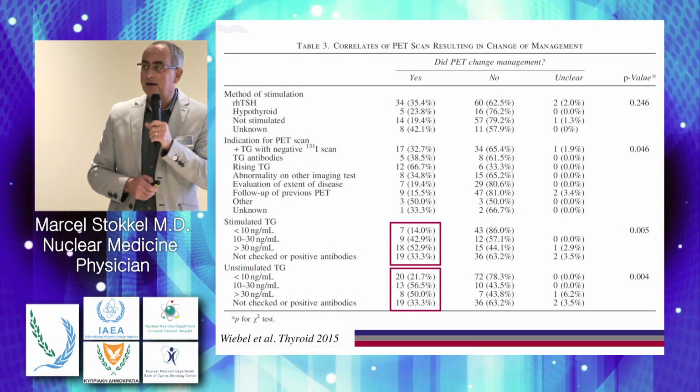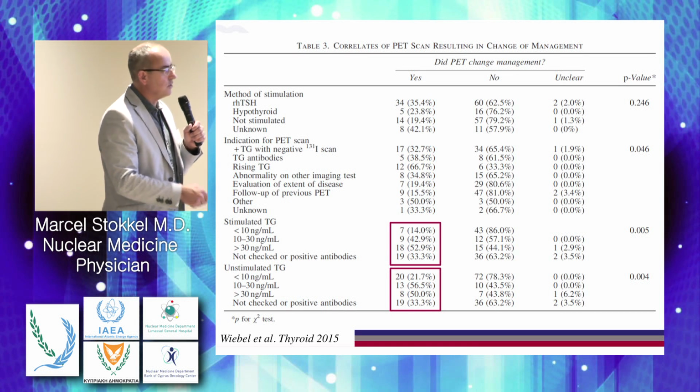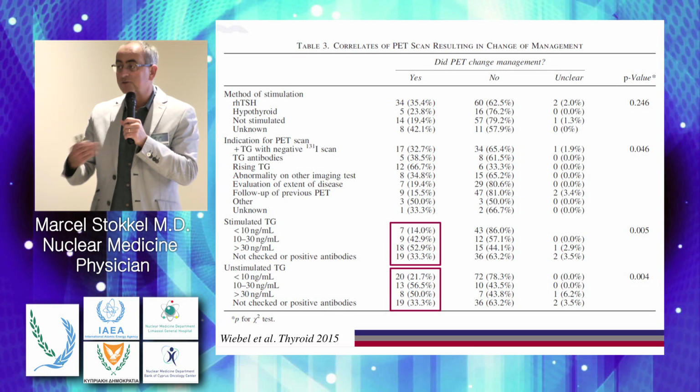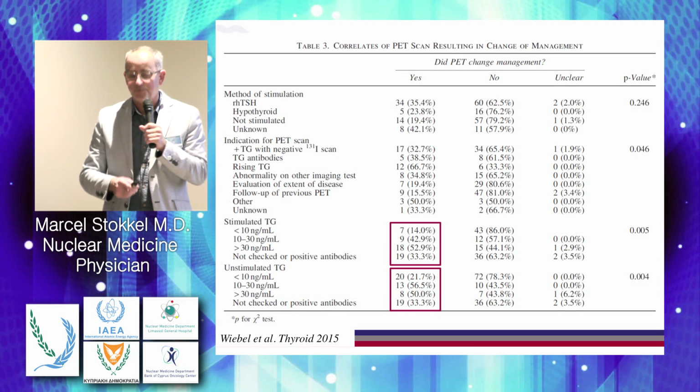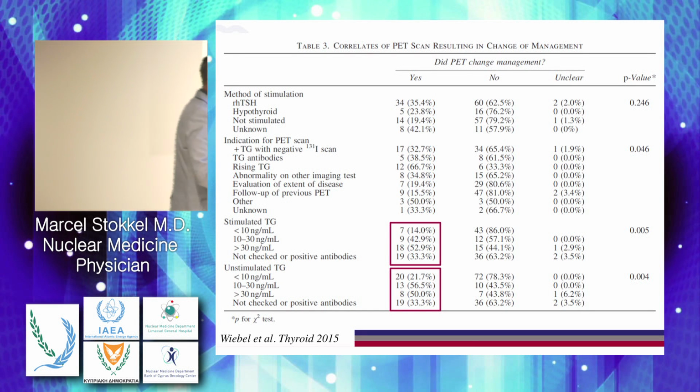The chance of finding an abnormality is very, very low. And from these results, you can say, okay, when the thyroglobulin level is below 10, in fact, there is still no indication for PET scanning. On the other hand, when it is above that, you will definitely find the lesions in clinical practice.